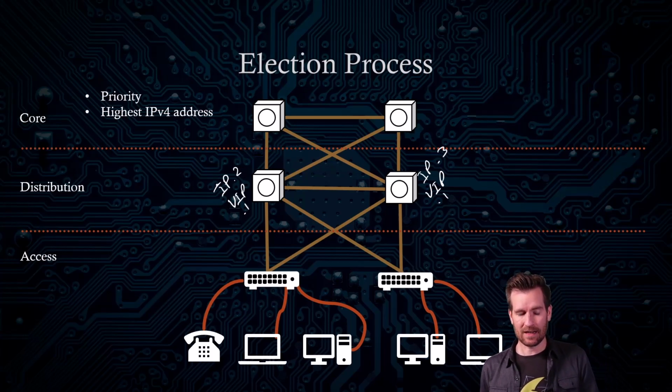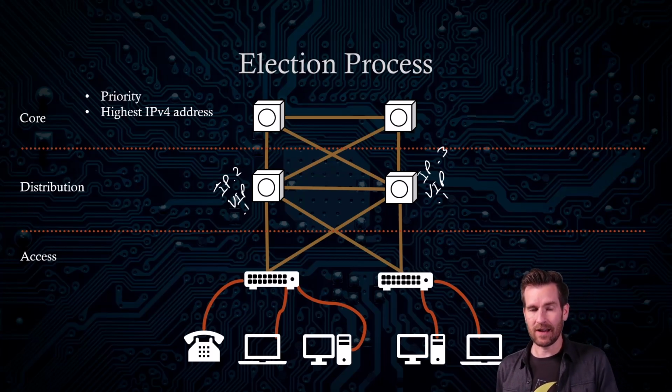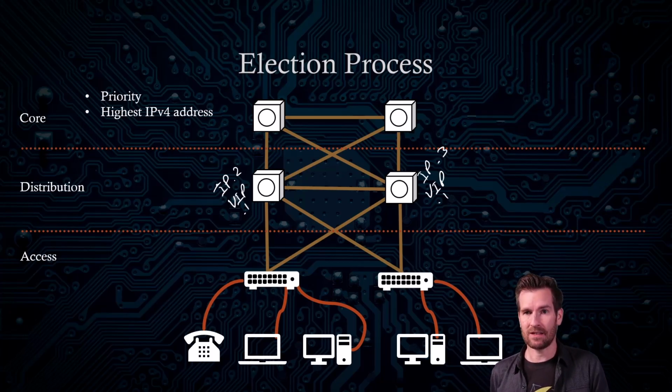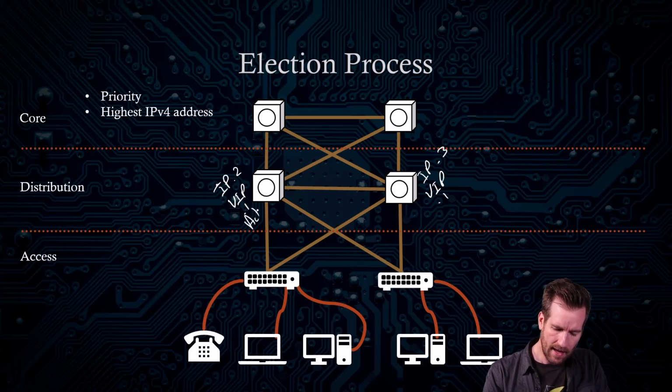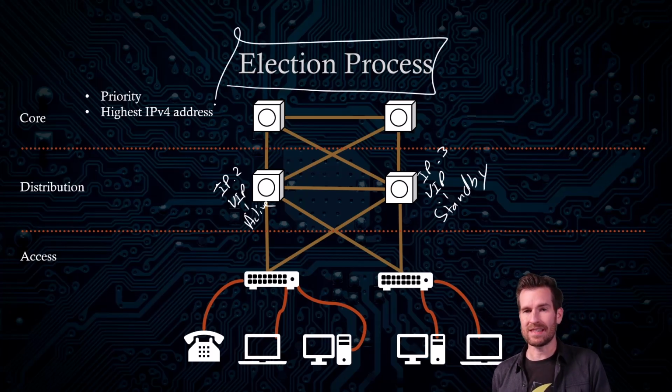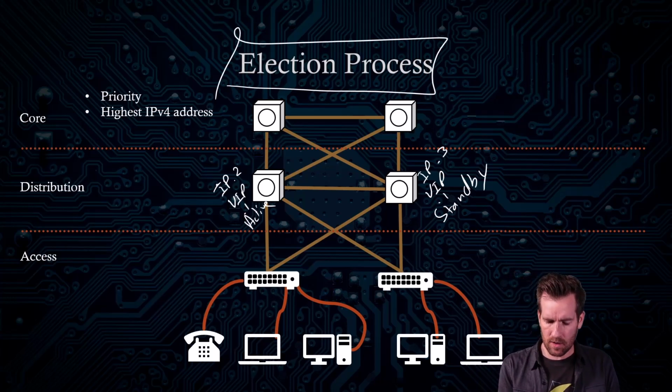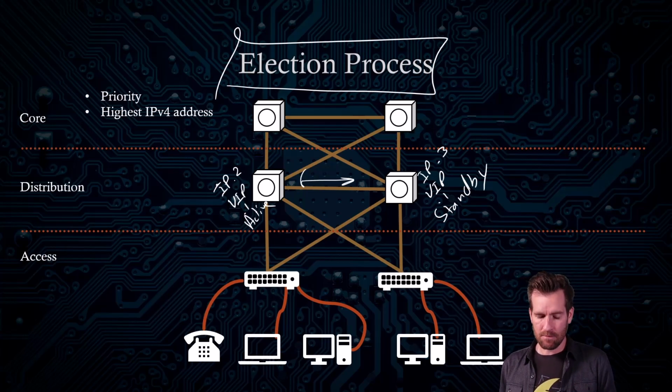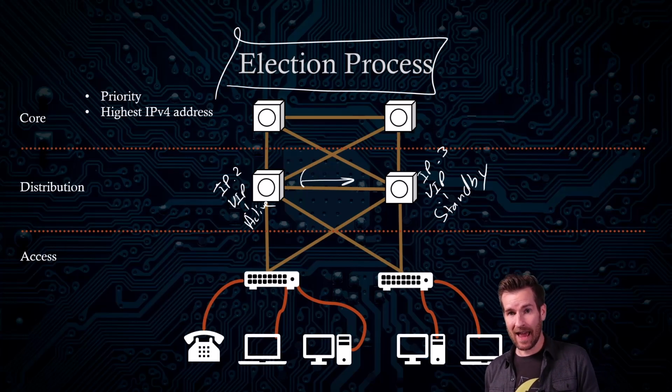They're different, so we can communicate to each one of these specific devices. But one of these becomes an active one, and one becomes a standby. So what is the election process to choose the active one, and what chooses the standby?